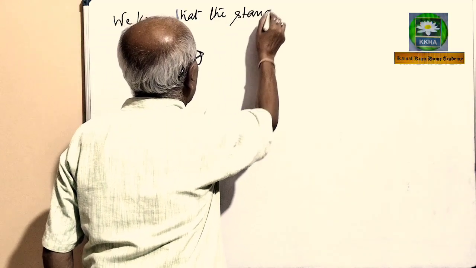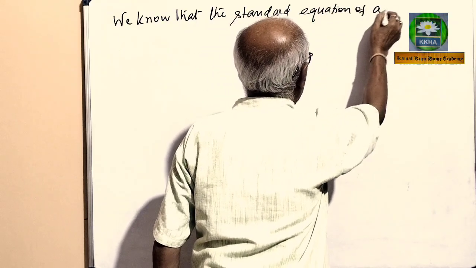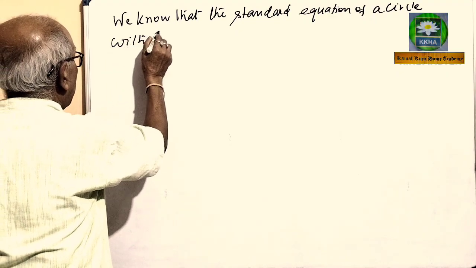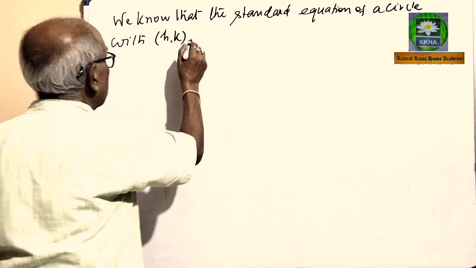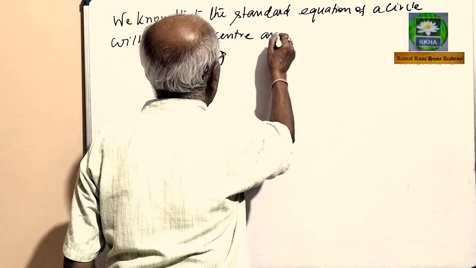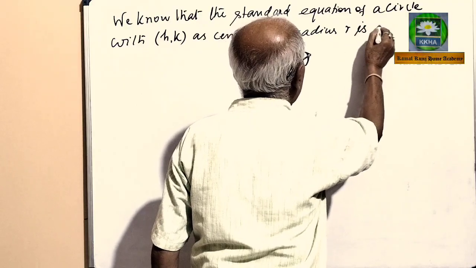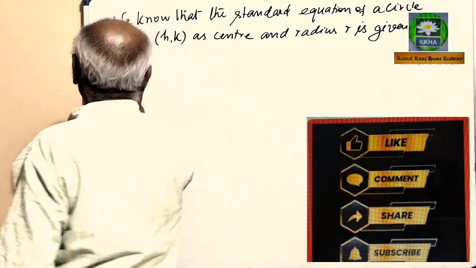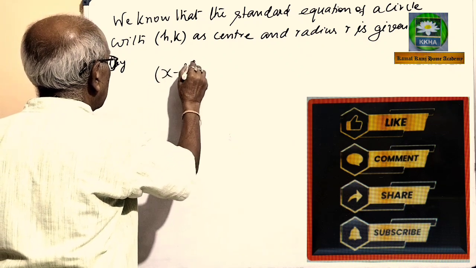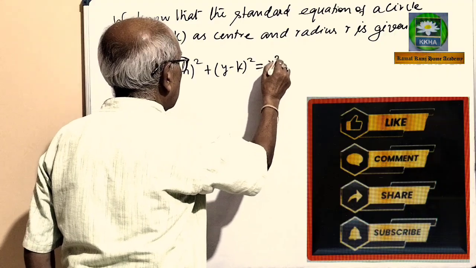The standard equation of a circle with center (h, k) and radius r is given by (x minus h) whole square plus (y minus k) whole square equal to r square.